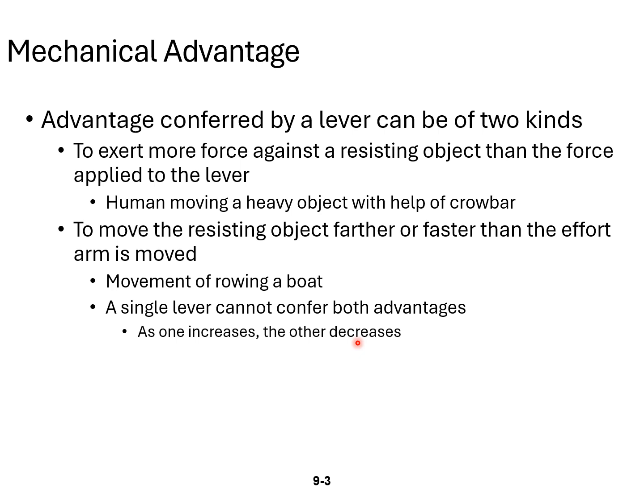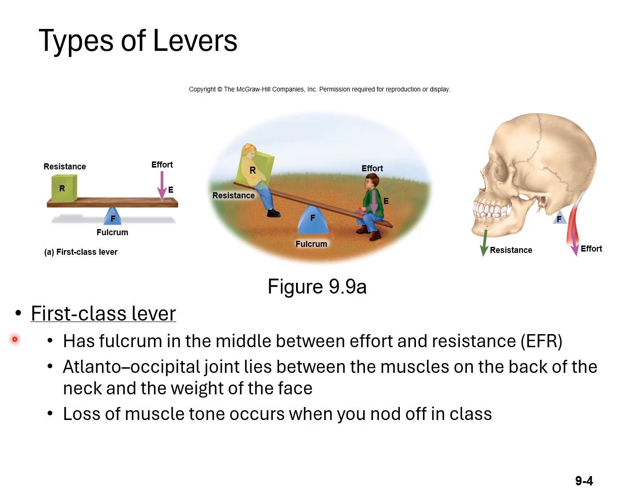So let's look at the different types of levers and see if I can help you understand why our body has different types of levers. The first one, luckily, is just called first class. A first class lever is just a seesaw, where the fulcrum is in the middle. You have the effort and resistance on each side.